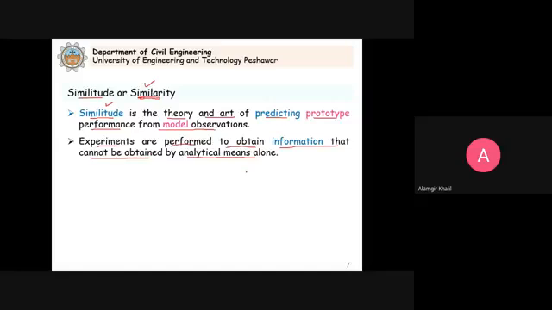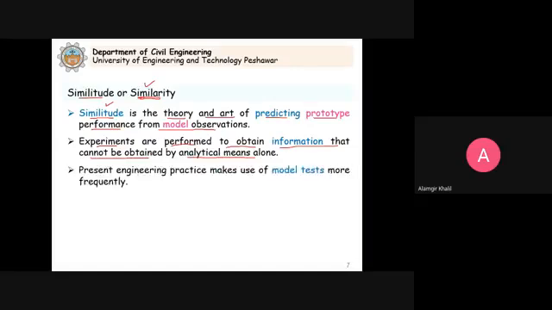Clear? So this is the advantage of similitude or similarity. We can work with more convenient fluids, and then with the similarity laws, we can apply the results to fluids that are less convenient, for example, oil, steam, etc. Clear?